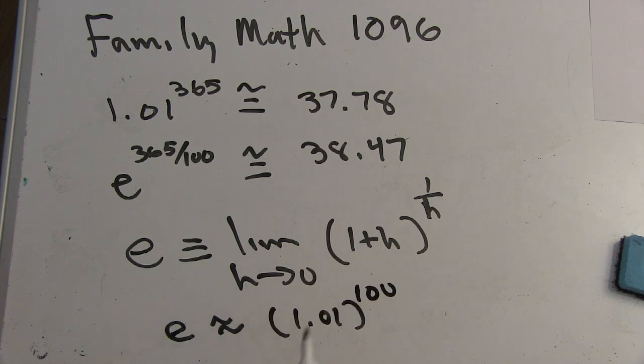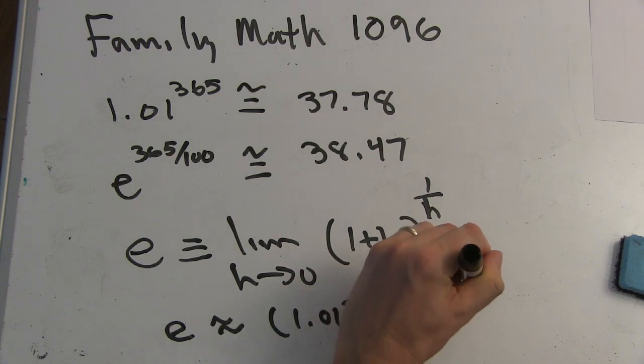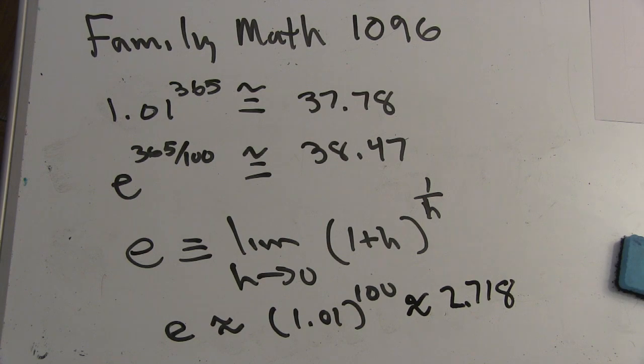Do you know what e is to a couple decimal places? 2.7. Maybe 2.71828.